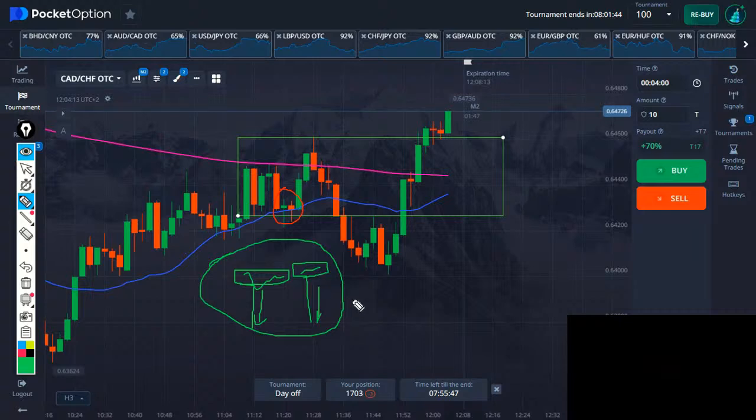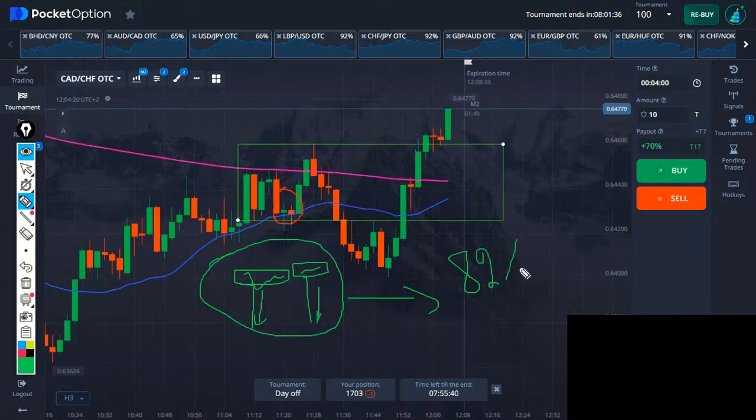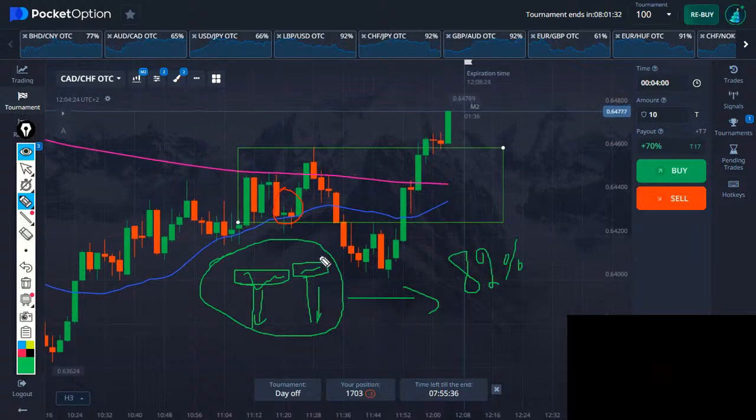This candlestick pattern has an 82% follow through rate. Whenever you see those, 82% of the time, you will get a strong push to the upside. Okay?